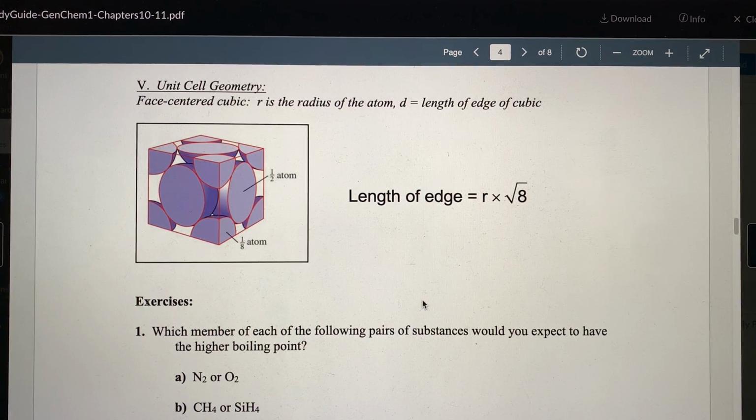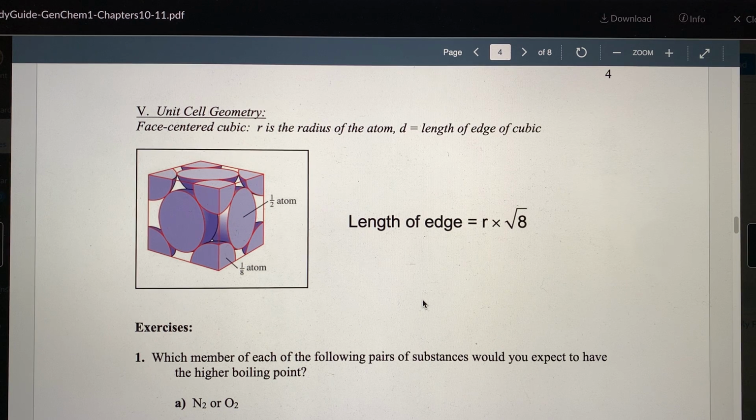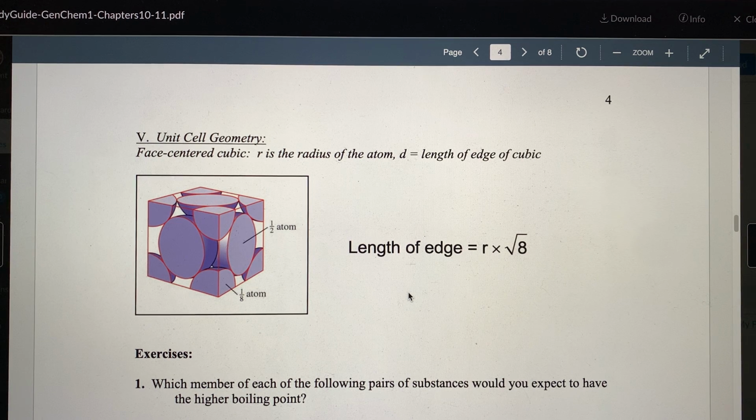And finally, the last topic here is the unit cell geometry. There are many different geometries, but here I only put one, which is the face-centered cubic. So if you chop off a cube, you get a repeating unit.